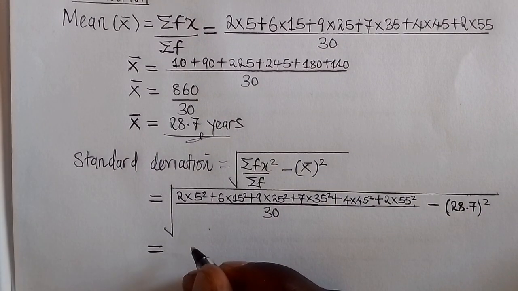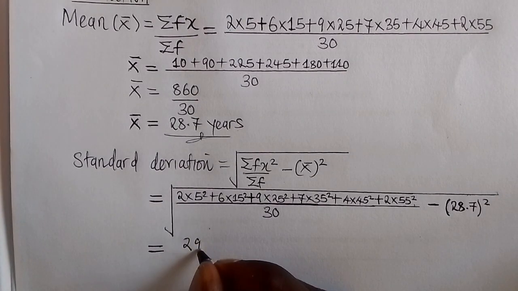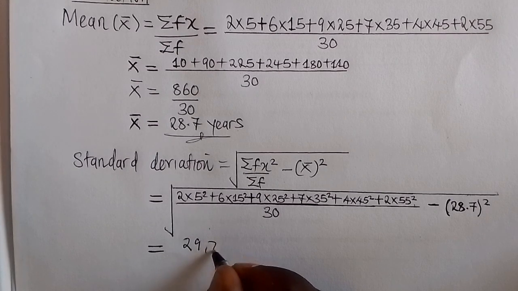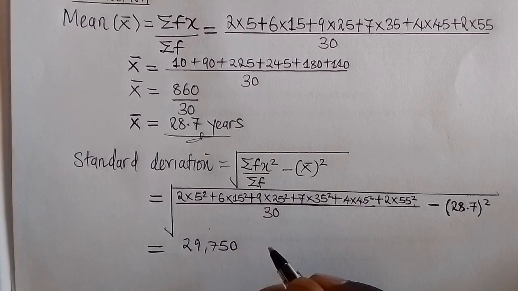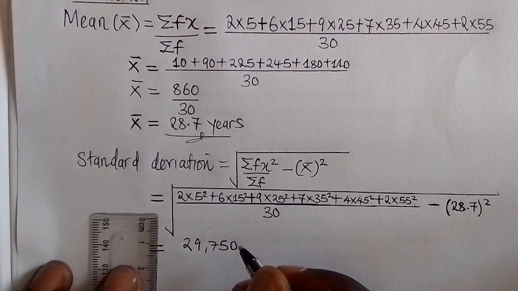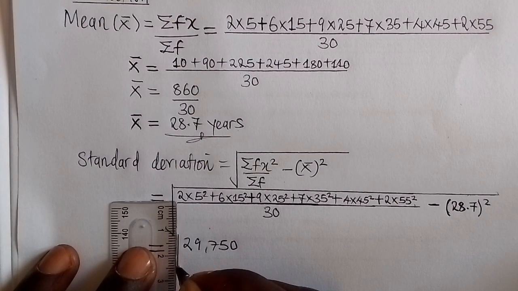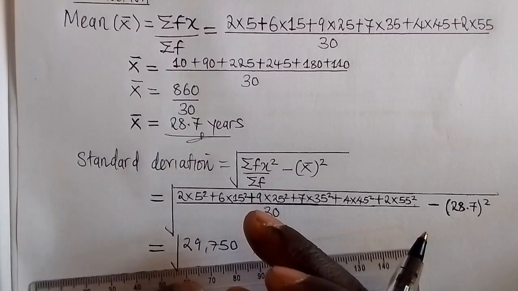All this, if you work with your calculator, you should get the value 29,750. Okay, that's the value we're getting if we multiply and add fx square, summation fx square.